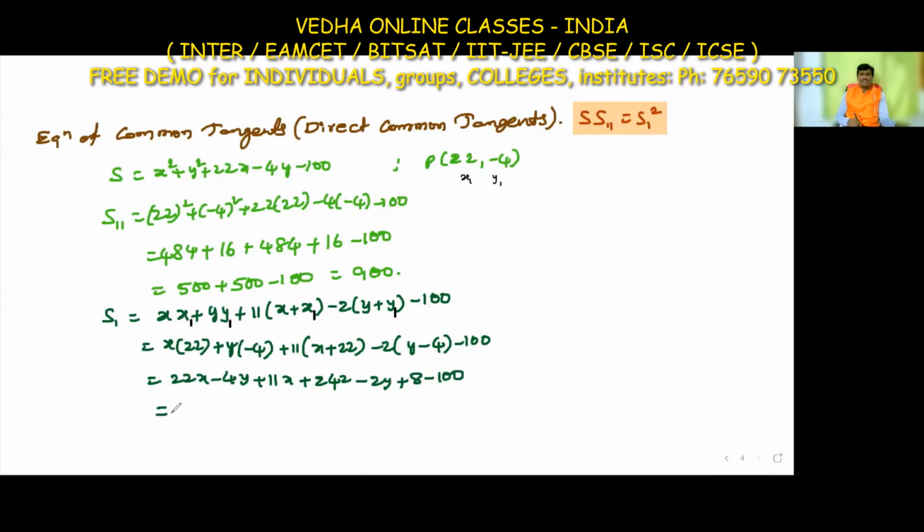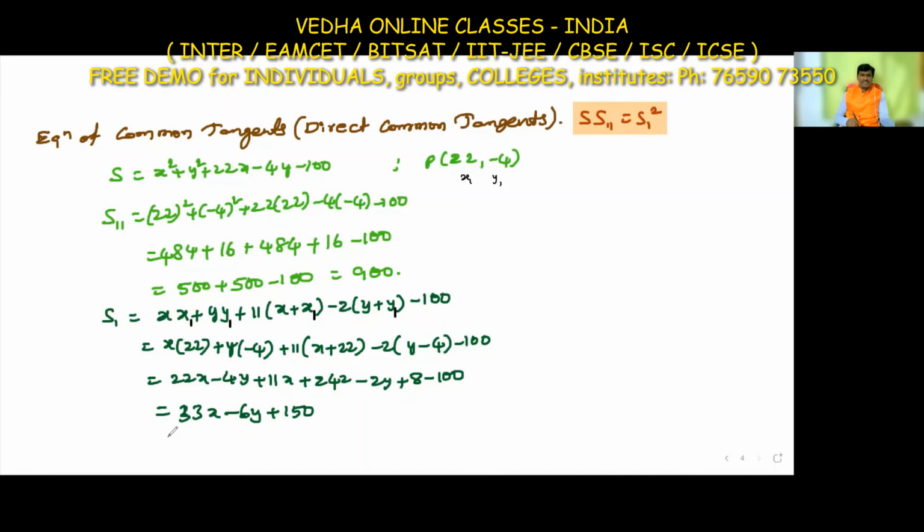Now add the x terms separately, y terms separately, constants separately. 22x plus 11x is 33x, and minus 4y minus 2y is minus 6y, and the constants 242 plus 8 is 250, minus 100 is 150. This is the S1 value.